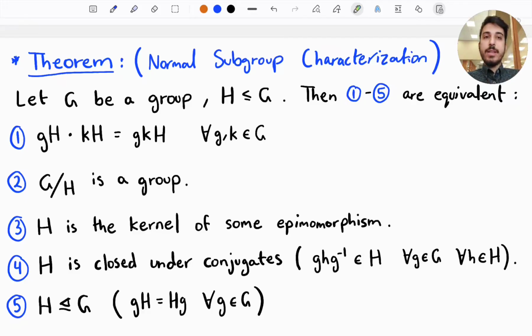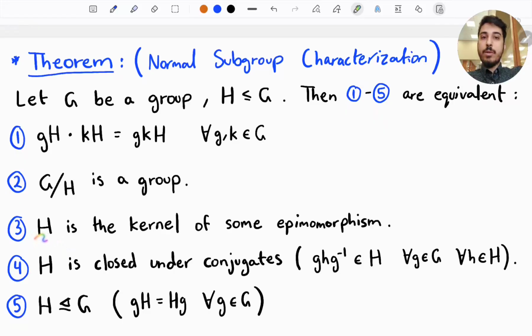We are basically taking the operation of G, which is being applied here on gk, and we are inducing the operation of G/H by saying that, okay, if you want to multiply two cosets, you will multiply them by taking the multiplication of their representatives, g and k, and then giving us the new coset, gkH. And in the proof, we will also describe what the identity looks like and what the inverse of a coset looks like.